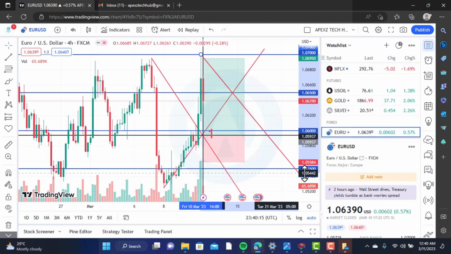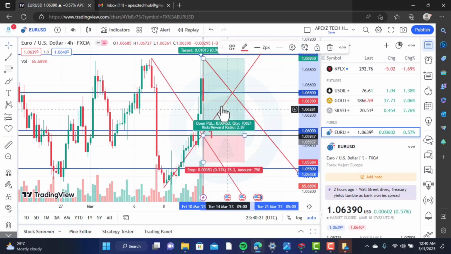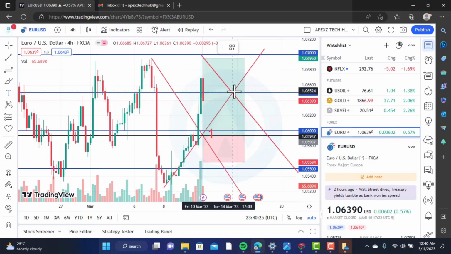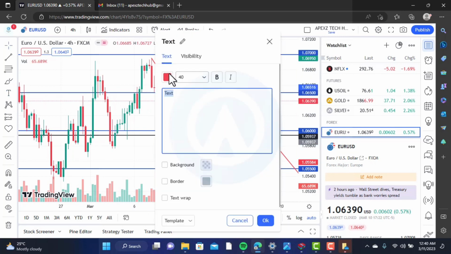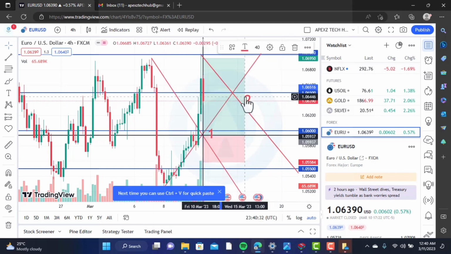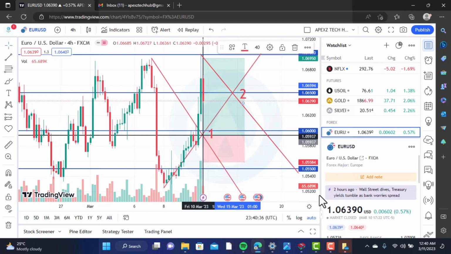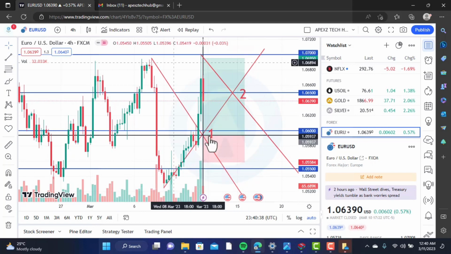Make sure it cuts across this. Now this is point 2, at this point of interception. At this point 2, it's now left for you to decide what is going to happen within the market from this point.